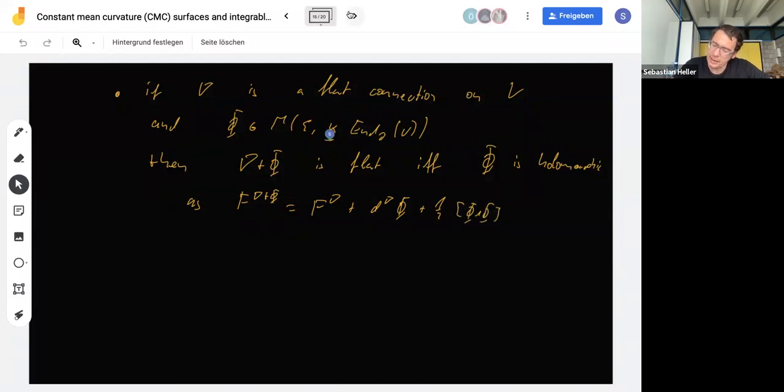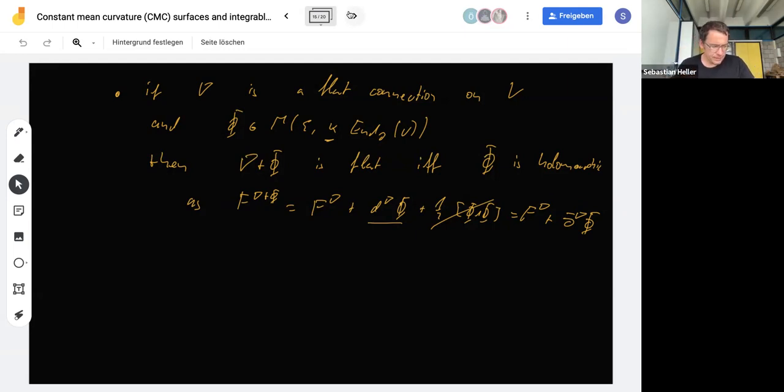It's a section of K, so a complex linear one form, and this means this summand vanishes, and what remains is the curvature of the original connection plus, and again, because phi is a 1-0 form, we just need to look at the 0-1 part of the derivative, and yeah, the statement follows. So if we add to a flat connection a 1-0 form, then this is again a flat connection if and only if the 1-0 form is holomorphic.